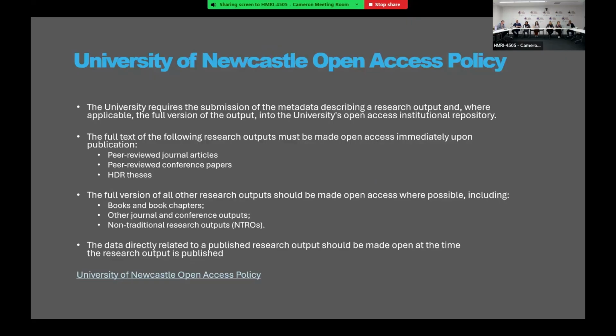Any peer-reviewed journals, conferences, any HDR theses must be made open upon publication. And where possible, books or NTROs should be made open where you can. Data that is directly related to any of the published output should also be made open at the time of publication as well. So we'll go through a few ways of how you can actually do that as we move through.